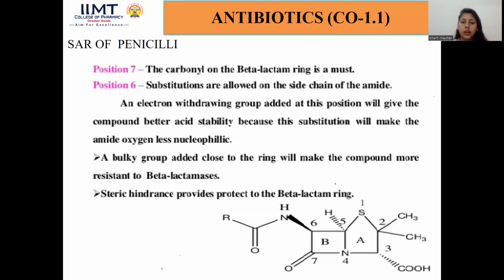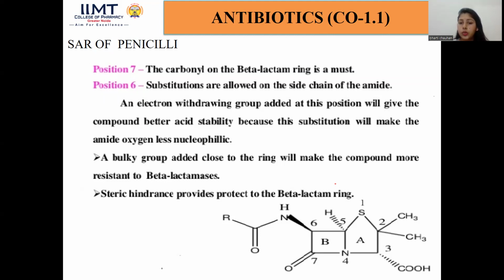Acid stability means that the compound will not be degraded when it reacts with our stomach acid, right? So we can take the drug by oral administration. You can take the oral administration of the drug that we have synthesized, whose acid stability we have improved by substitution.